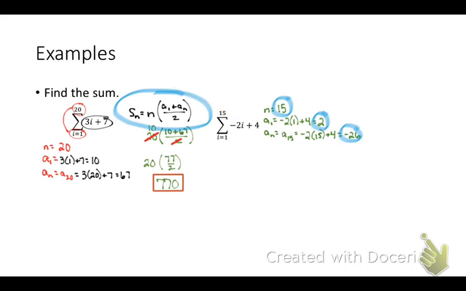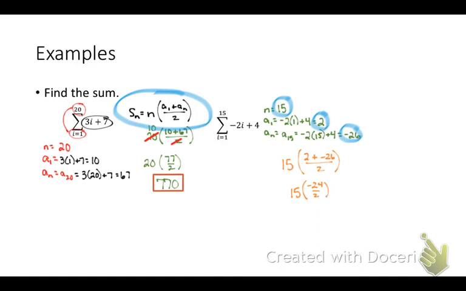So 15 times 2 plus negative 26 divided by 2. So I'm going to have 15 times negative 24 divided by 2.